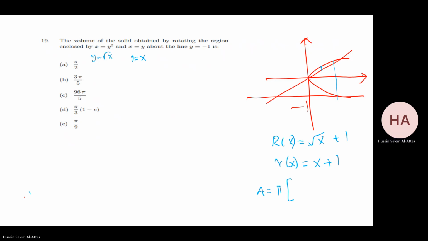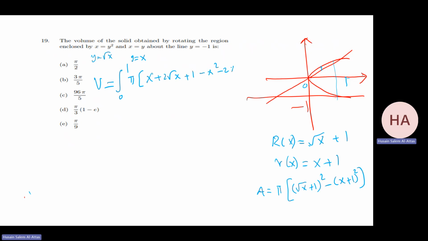Of this one: square root of x plus 1, all squared, minus this, all squared. So the volume, and it will be from where to where? From 0 to 1. This is 1. So it's from 0 to 1, pi times this. Open it. That will be x plus 2 root x plus 1 minus x squared minus 2x minus 1 dx.